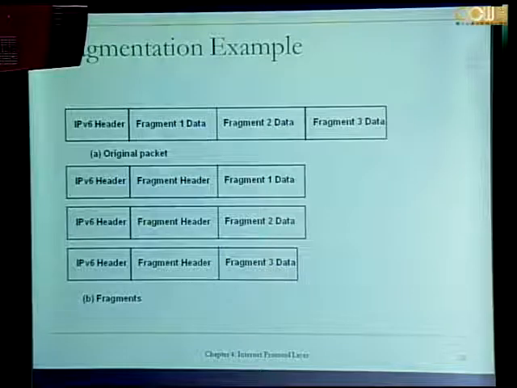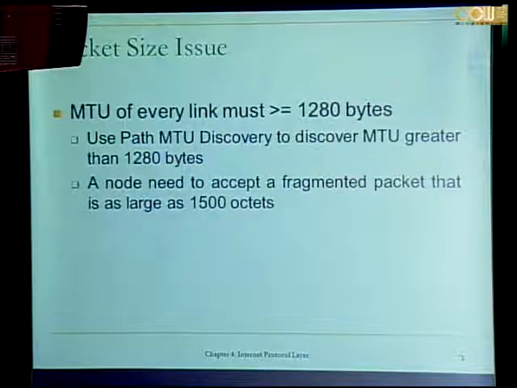Okay, here's an example with the packet fragmented into three fragments, and each of these fragments would have an IPv6 header followed by a fragment header. We also mentioned that in IPv6, fragmentation is only done at the source host, not at the router.